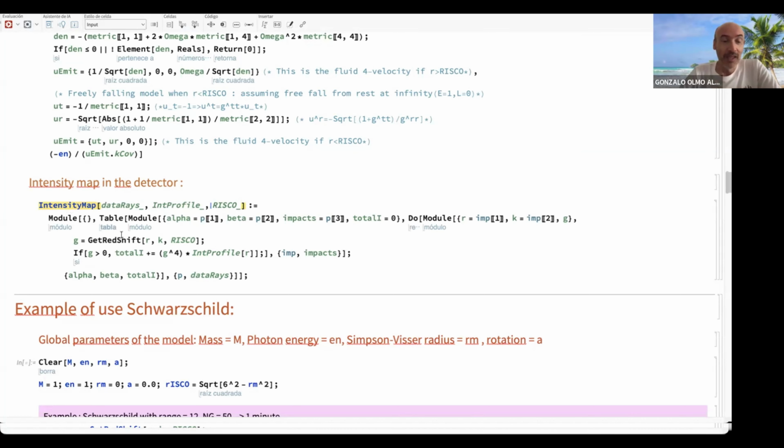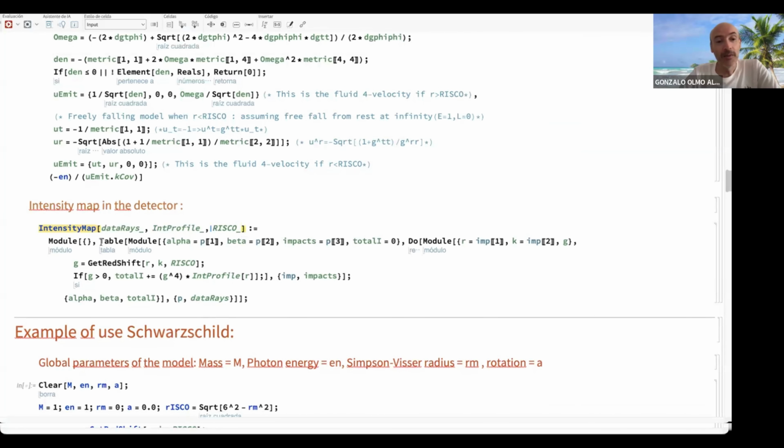Very good. So this is how we compute the intensity profile. Once we have all the rays info, we choose an intensity profile, we specify the location of the ISCO, and then this quantity computes the redshift factors and modulates the emission profile with those redshift factors.